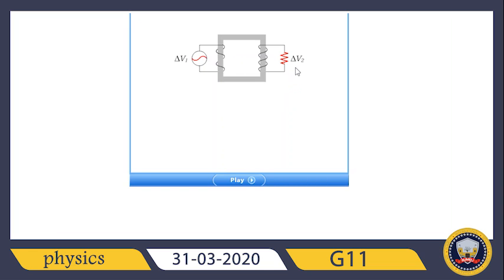Now, the output all the time has number 2. So the output voltage is delta V2, the output current is I2, and the number of turns in the secondary coil is N2. So we have the primary coil for the input and the secondary coil for the output.